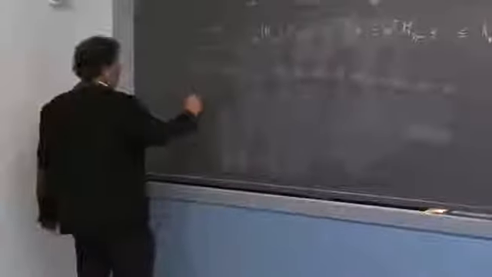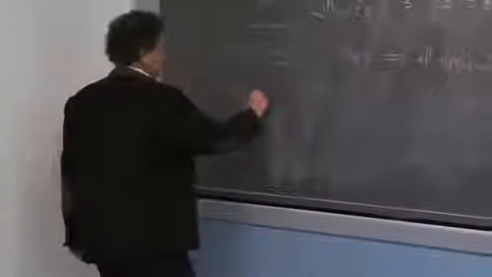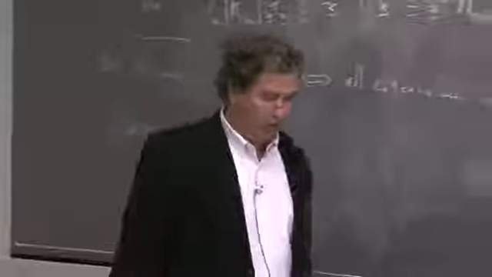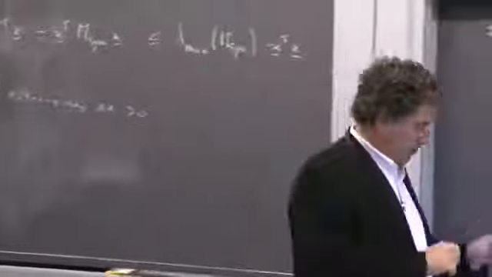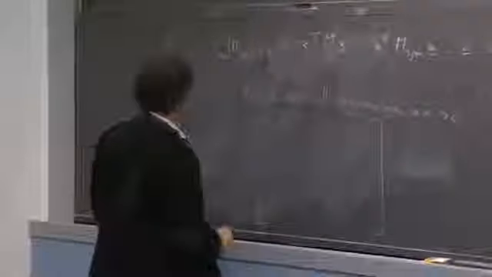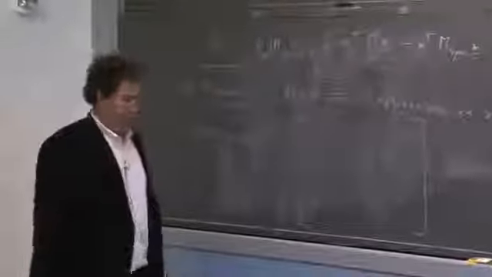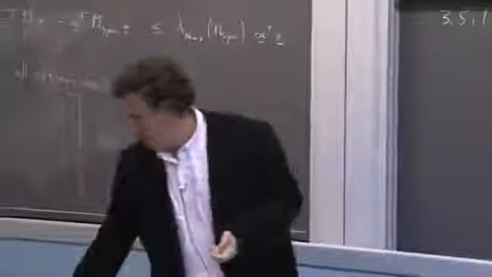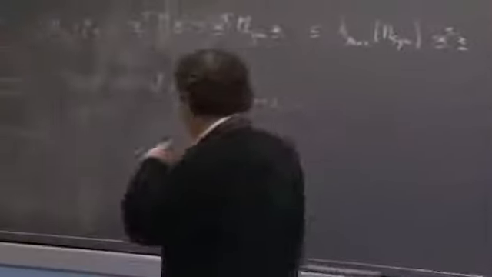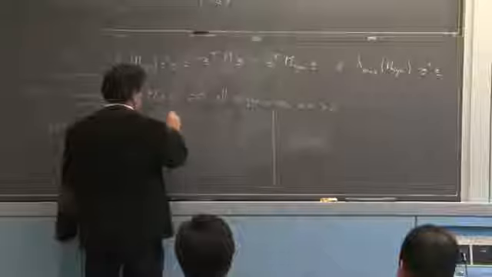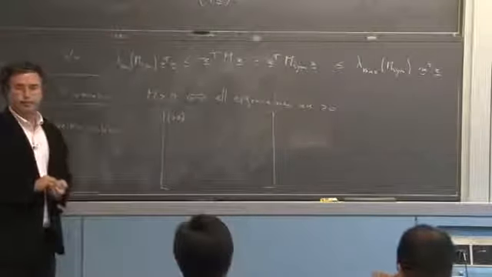And there's also another criterion, which, by the way, should remind you a little about the Routh-Hurwitz criterion in flavor, which says, suppose you have a symmetric matrix M. One way to find out if it's positive definite is to first look at this left corner term, and this left corner term has to be positive.